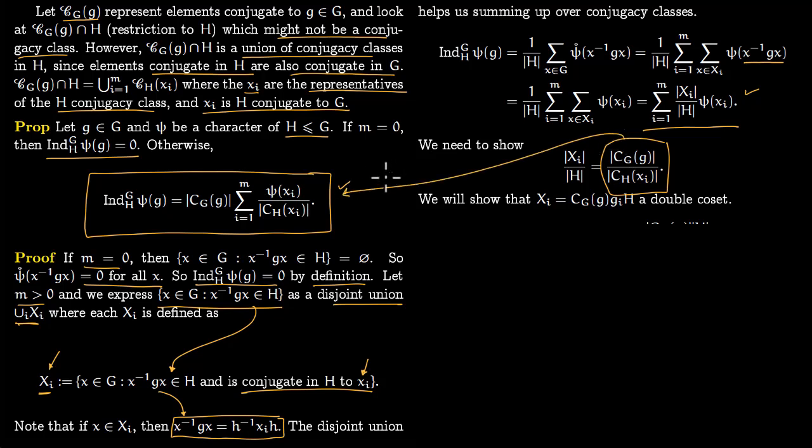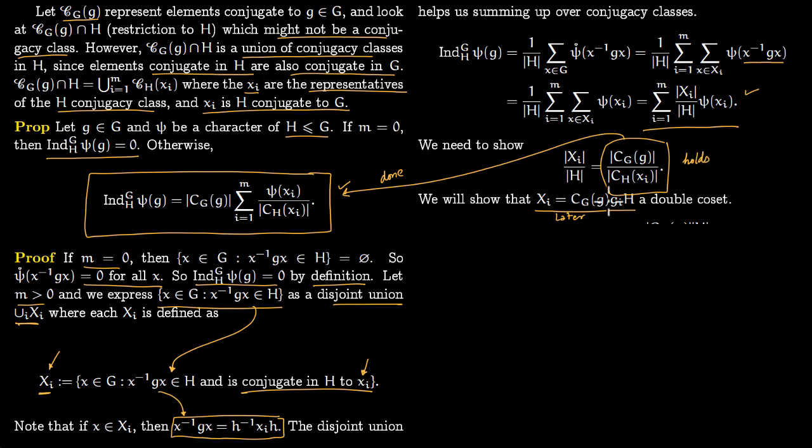So it'll be done if we show this. What we will show later on is that this is a double coset: the disjoint union X_i is just the centralizer of g, a double coset C_G(g) x_i H. We'll show this later. Assuming this is true, let us prove that this holds.